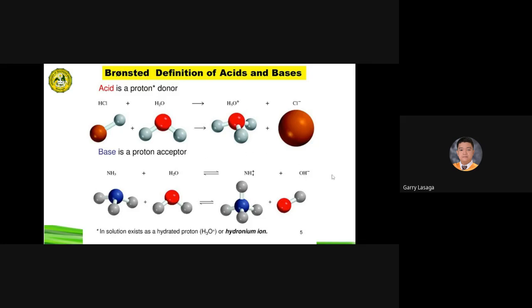So magiging, ano siya ngayon? Magiging OH minus. So dito naman sa ating conjugate acid, no, from our base, yung ating charge will be from 0 to plus 1 because we added hydrogen ion to our parent compound.